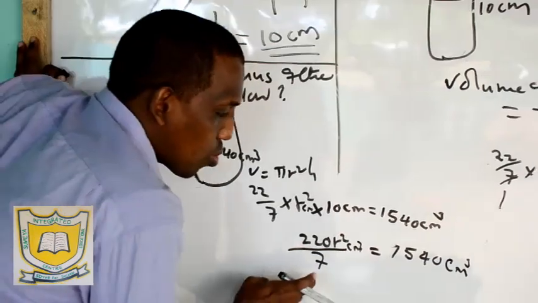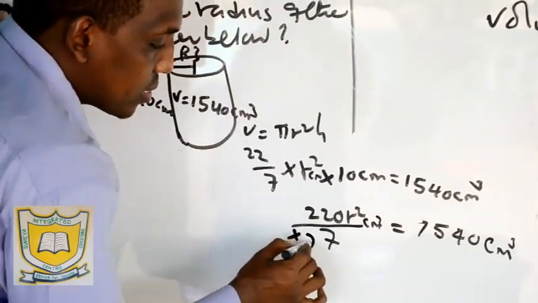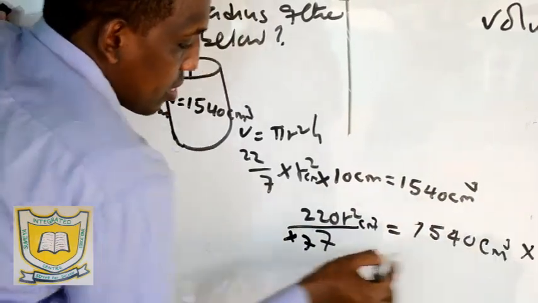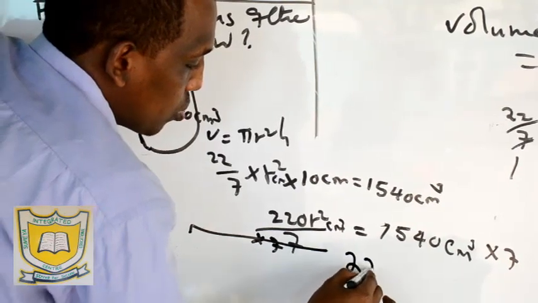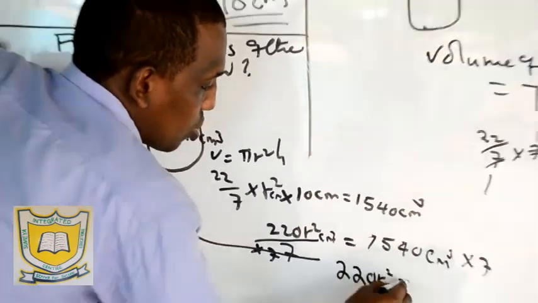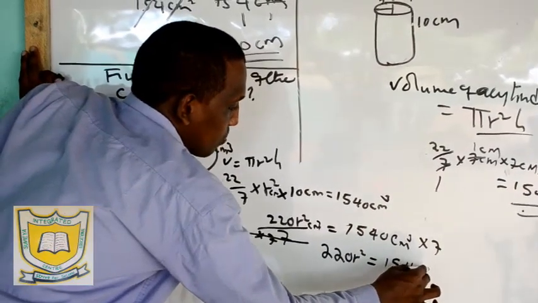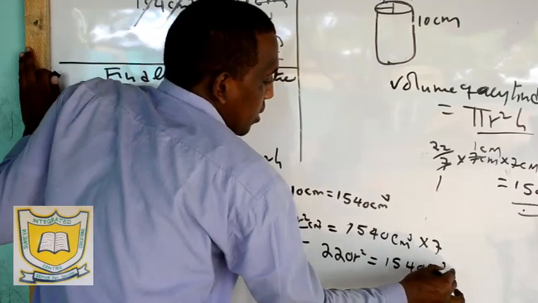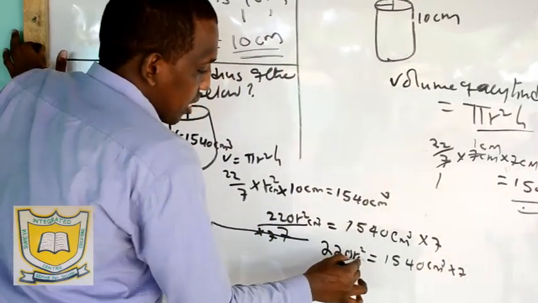What we do now, we remove this 7 by multiplying both sides. So we say times 7 times 7. They go together. What is remaining now is 220 R squared is equal to 1540 centimeter cube times 7. This is centimeter squared.